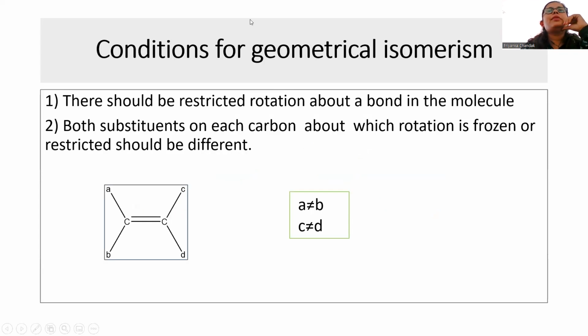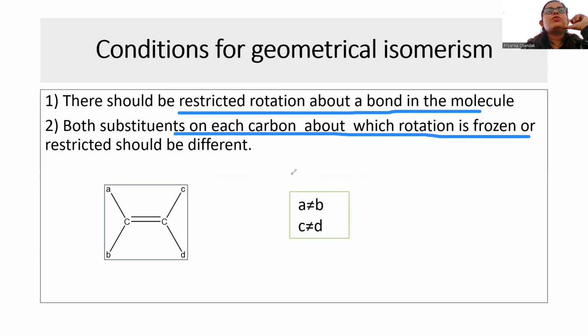Then, the condition for geometrical isomerism: there should be restricted rotation about the bond in the molecule, like we saw in the previous slide. Both substituents on each carbon about which rotation is frozen and restricted should be different, right? This is very important.